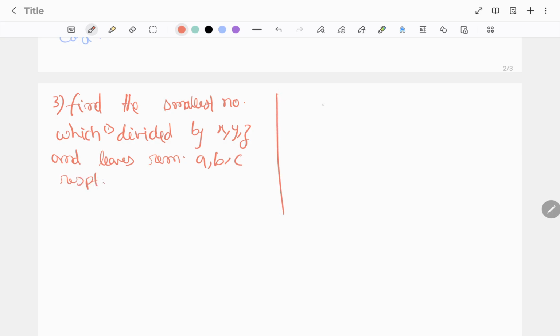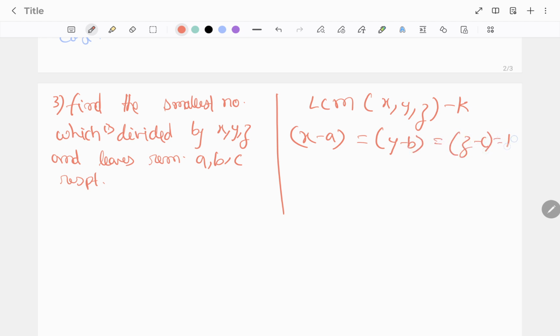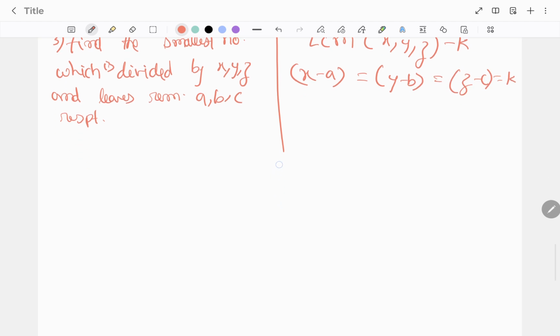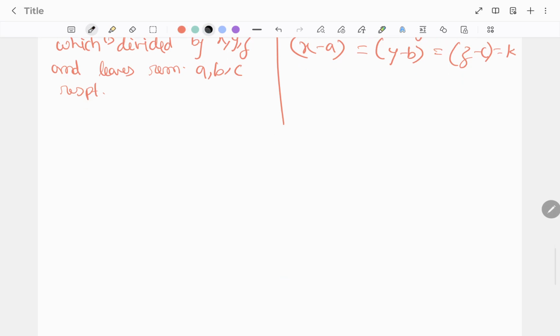So the answer will be LCM of x, y, z minus k, where x minus a is equal to y minus b is equal to z minus c is equal to k. We'll see all the questions we are going to solve. By seeing the questions you will understand.